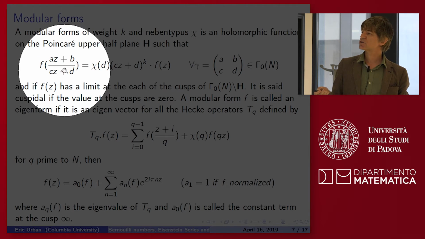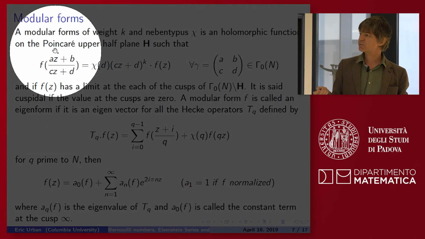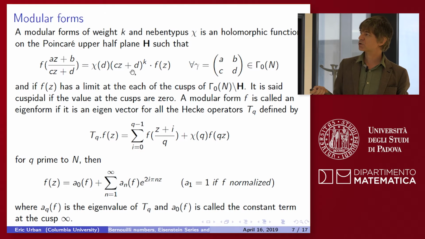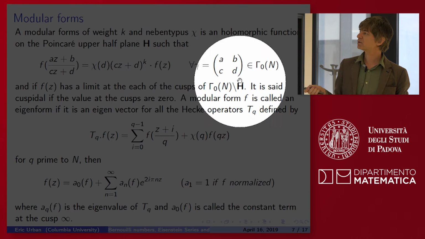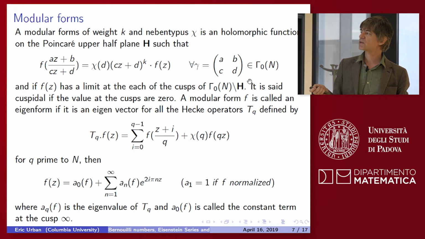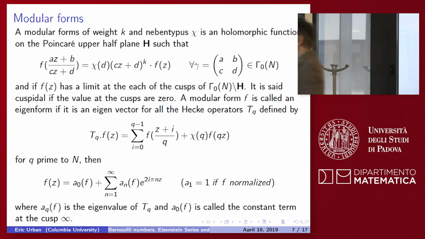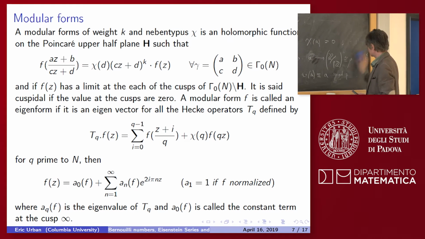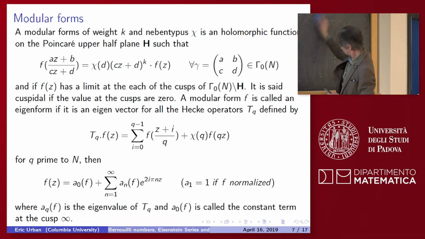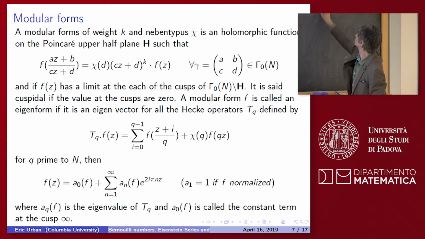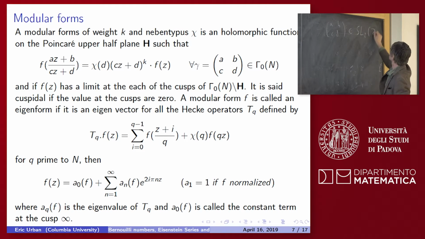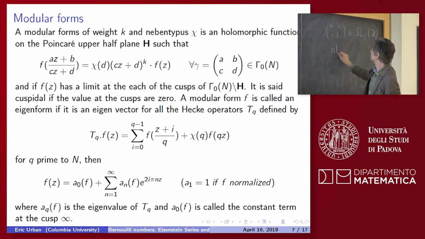this matrix acts on the Poincaré upper half plane by this transformation, the Möbius transformation. And so (az+b)/(cz+d) still belongs to H, and you must have this relation. So Γ0(N) here is the set of matrices (a b; c d) in SL2(Z) such that N divides c.